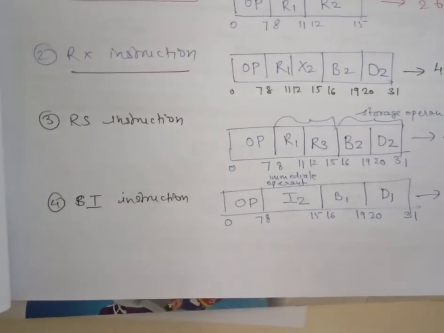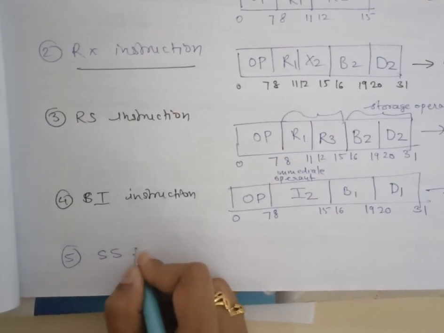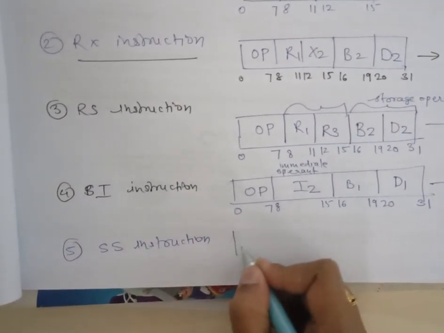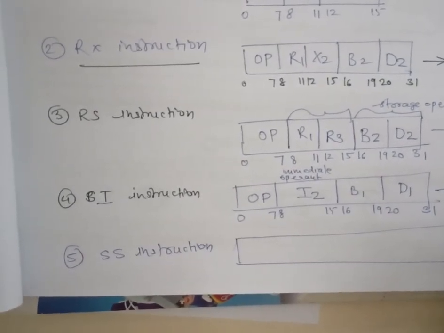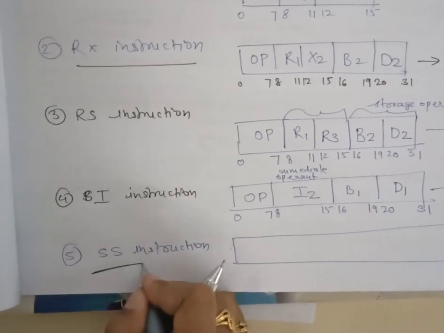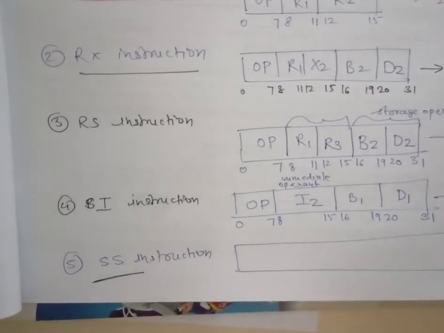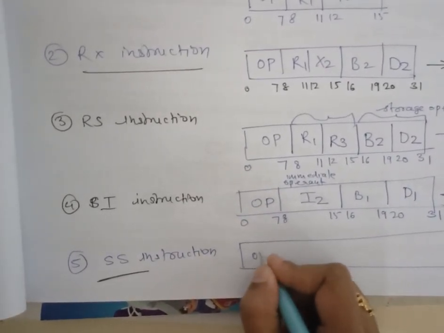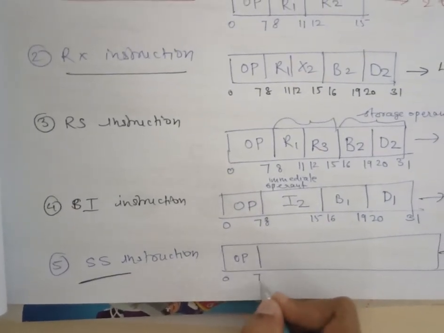Okay, so this is the fourth, and we have the last one, the SS instruction. The SS instruction contains a total of 6 bytes of data. SS instructions are rarely used in assembler programming, but still we have to remember that there is an SS instruction. Here again it contains the opcode, the size again 0 to 7.